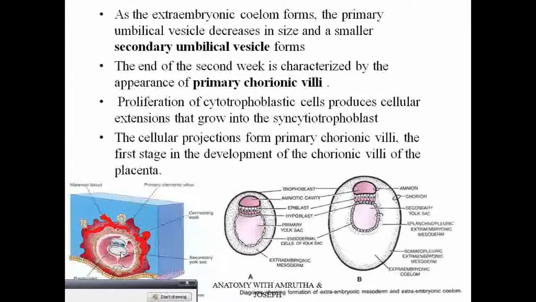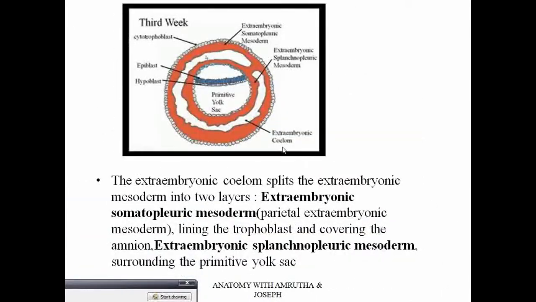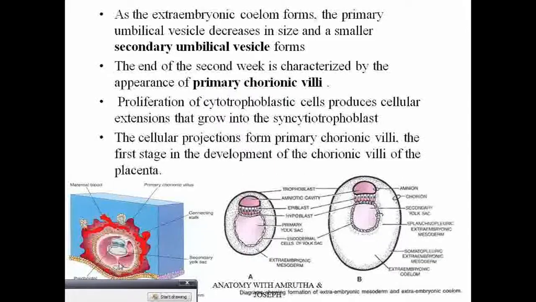As you can see, the primary yolk sac, which was quite big in the initial period, has some part of it getting removed, as here, and then it is called the secondary yolk sac.